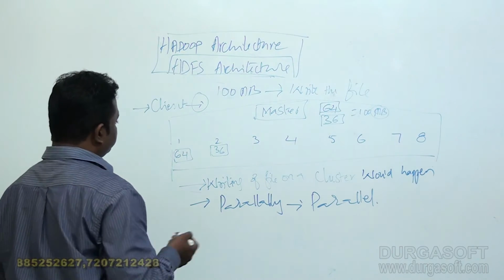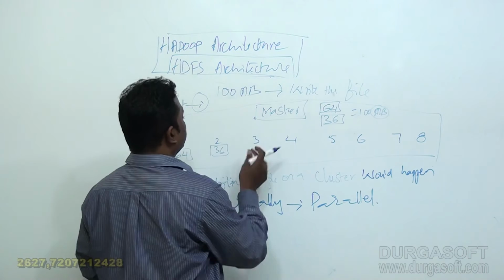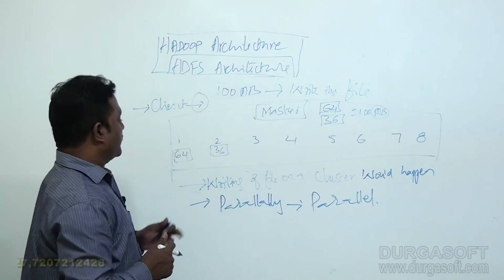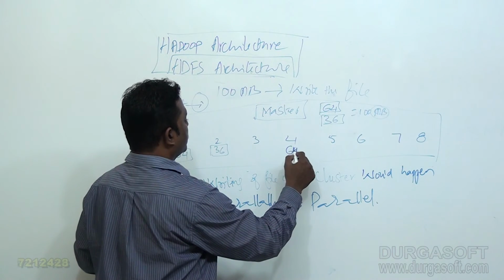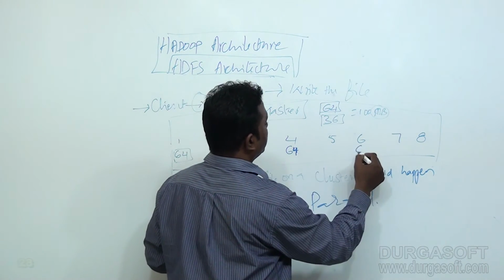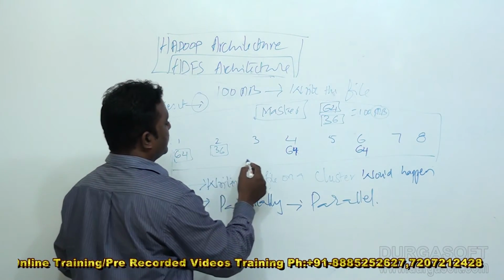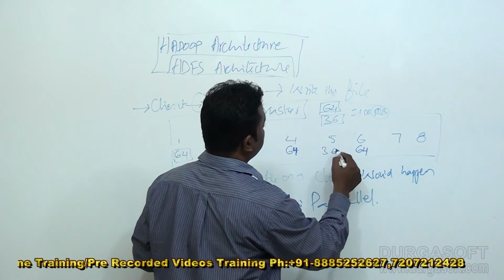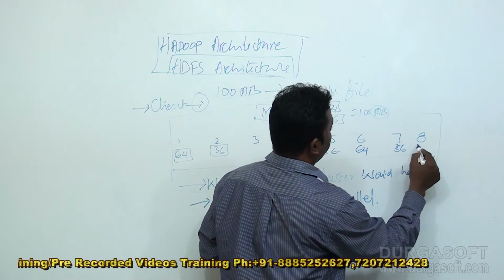Let us say there is no availability on node 3, then immediately my replication would be done here. So from here to here, and from here to here.